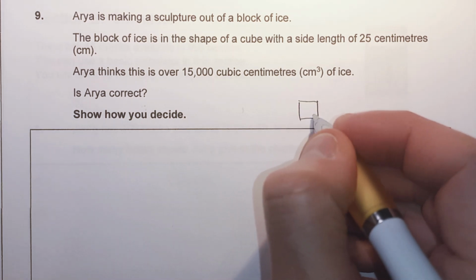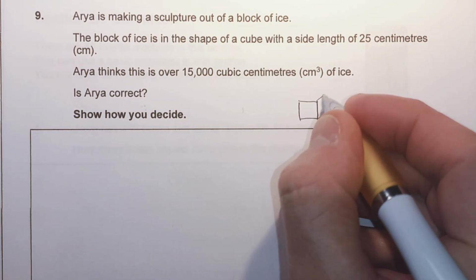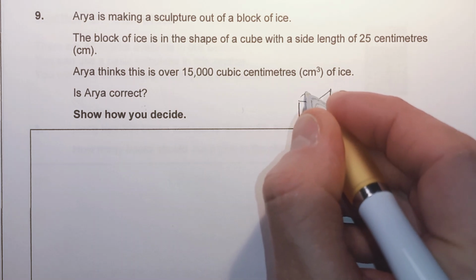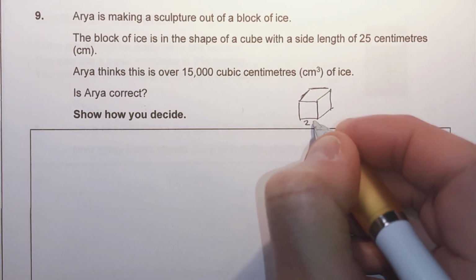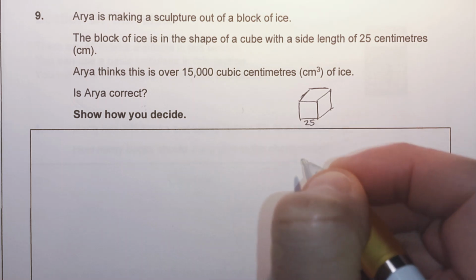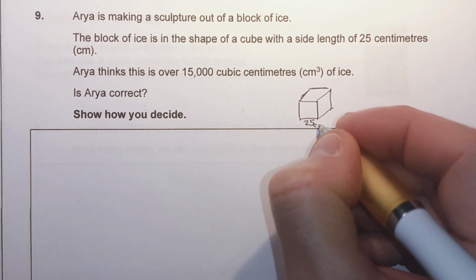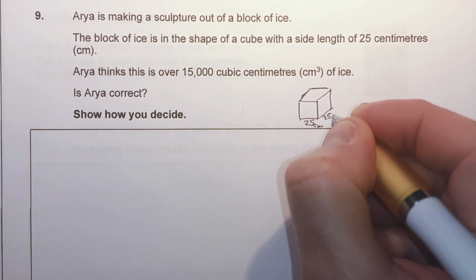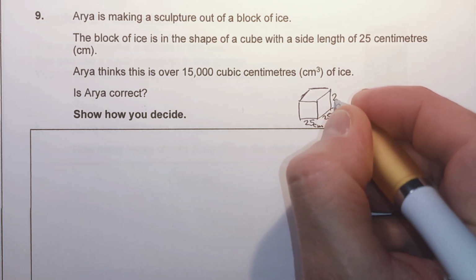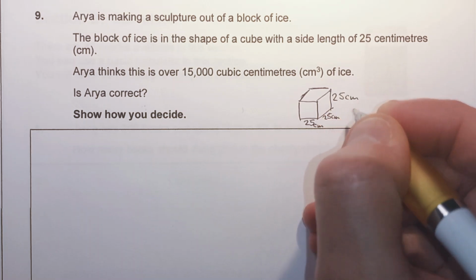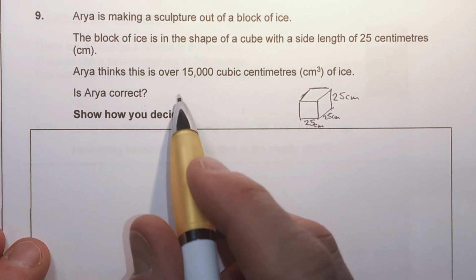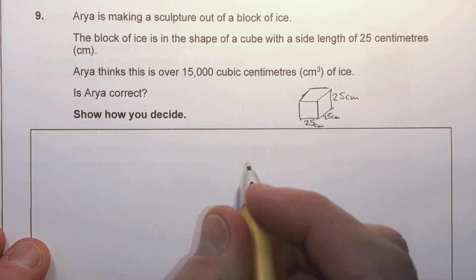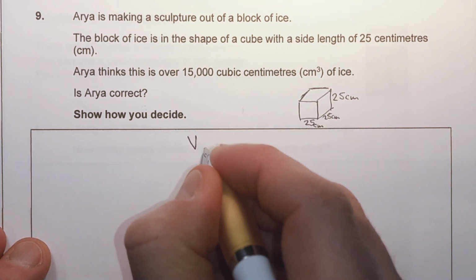We're told it's a cube. So if we think of that, a square front face, we'd have a side going back and we'd have the top. And because it's a cube, the face is going to be 25 centimetres across. It's going to be 25 centimetres deep, and it's also going to be 25 centimetres high. Okay, so to know how much ice we've got, we need to work out the volume.